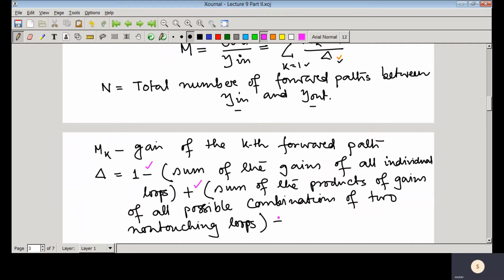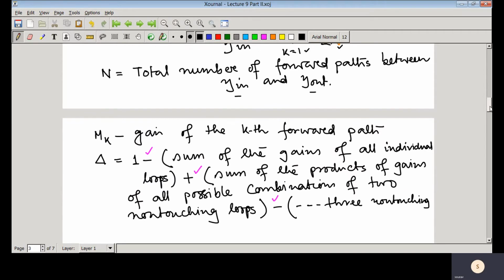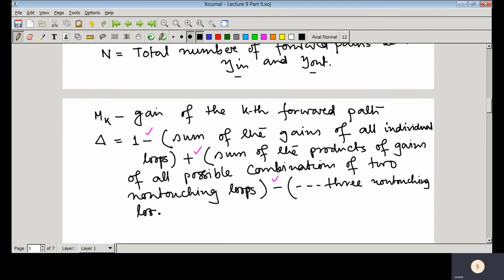Minus, then plus, then minus, again the same thing, that means the sum of the products of gains of all possible combinations of three non-touching loops, and so on.